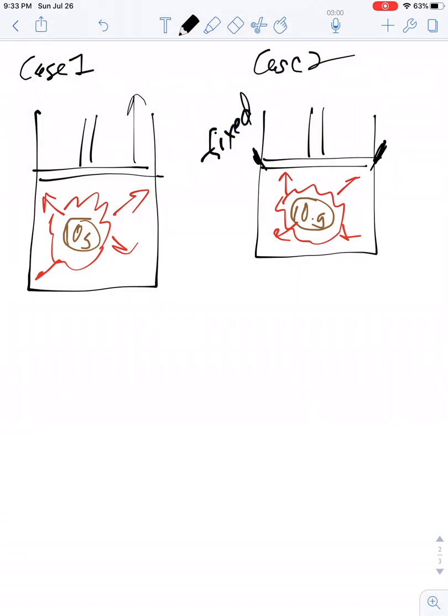So we know that the total energy in the universe is conserved, so the total energy change in both systems must be the same.